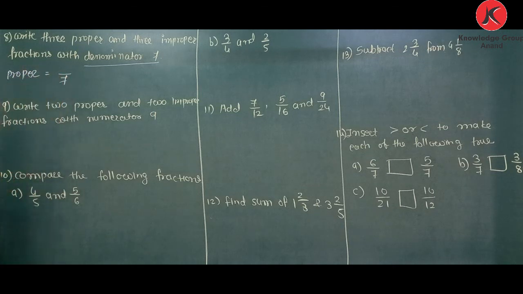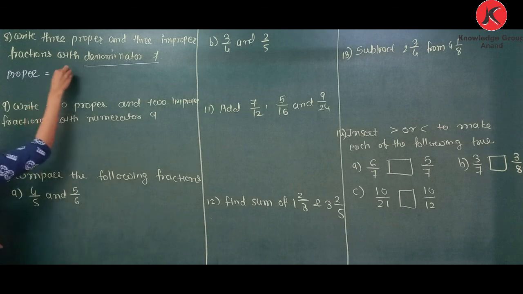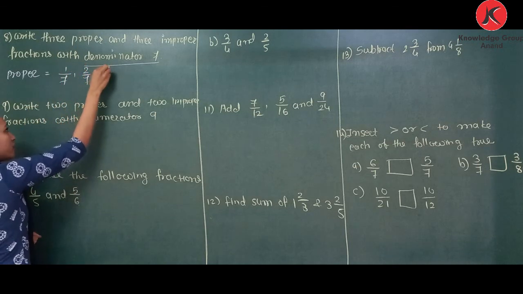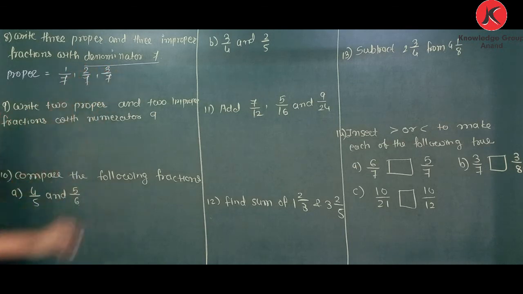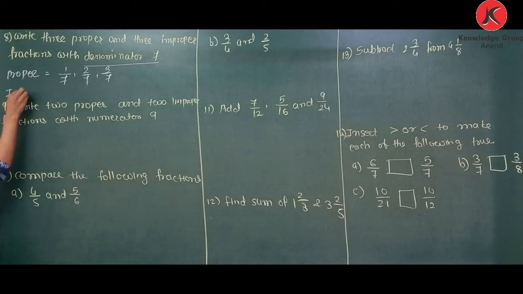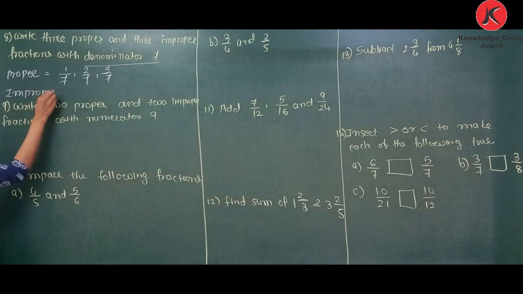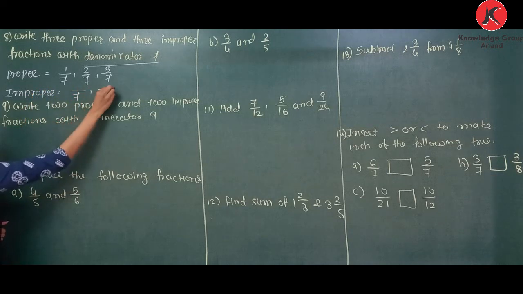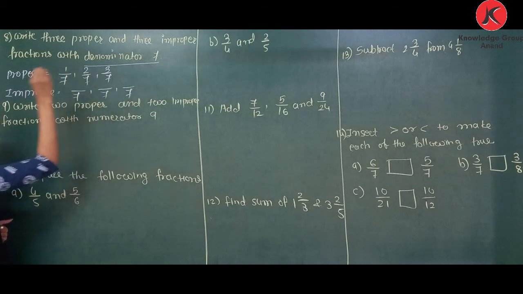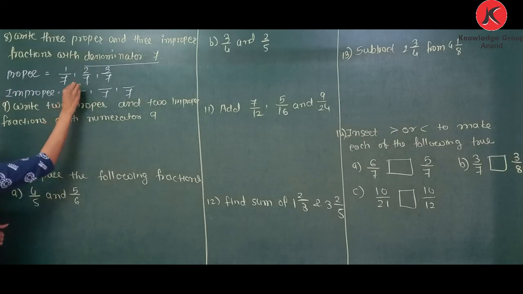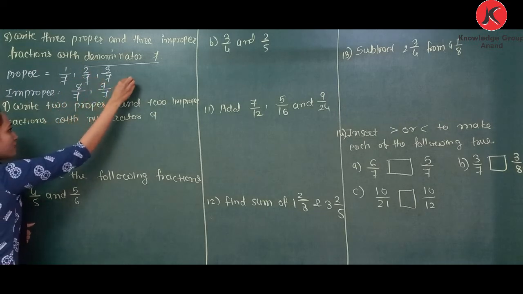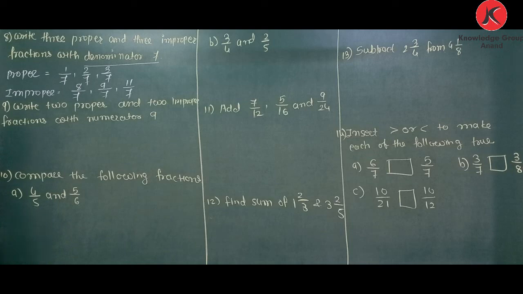Proper fraction means numerator is smaller, so we can write 1 by 7, 2 by 7, 3 by 7. Numerator must be less than 7. Improper fraction means numerator must be greater than denominator. So here we can write 8 by 7, 9 by 7, 11 by 7, or you can write 10 by 7.